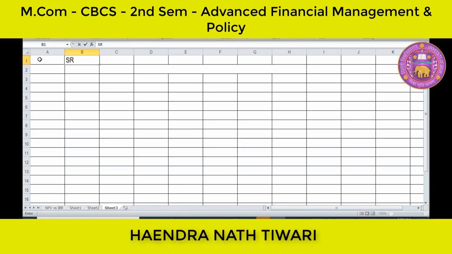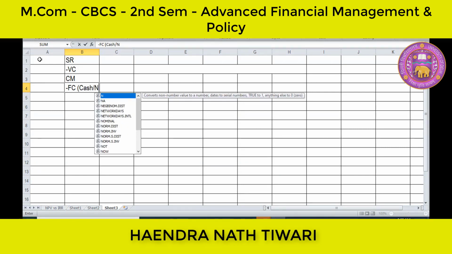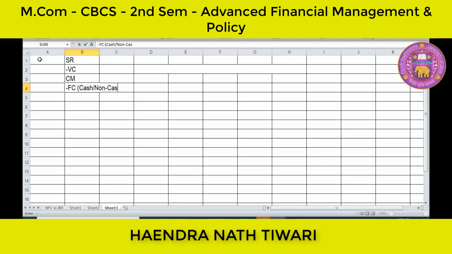So you have sales revenue. From there you deduct your variable cost and you get to know your contribution margin. Right? From here you deduct your fixed cost. This fixed cost may be cash or it may be non-cash, such as depreciation.